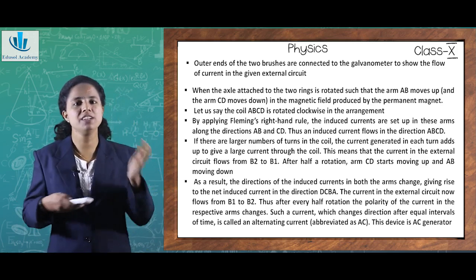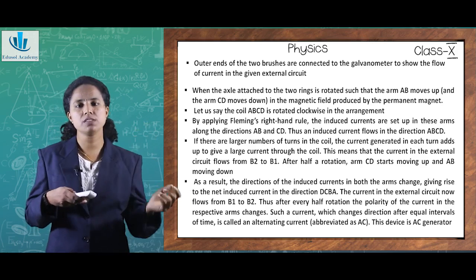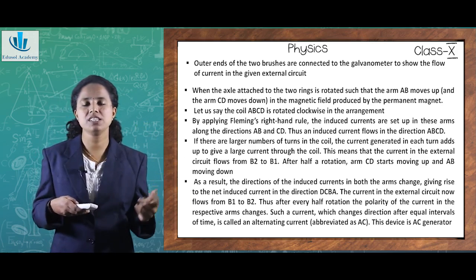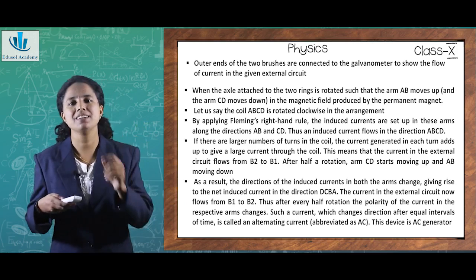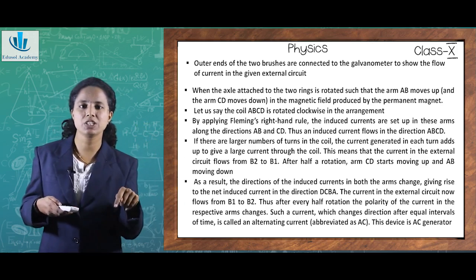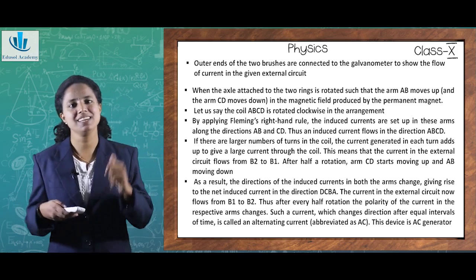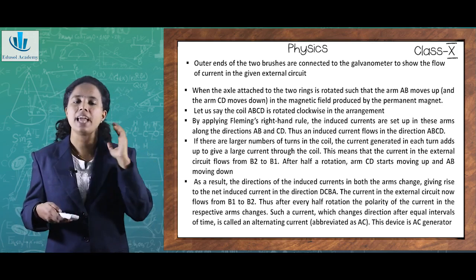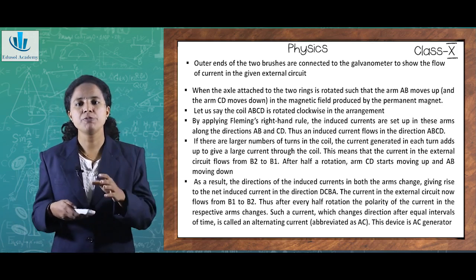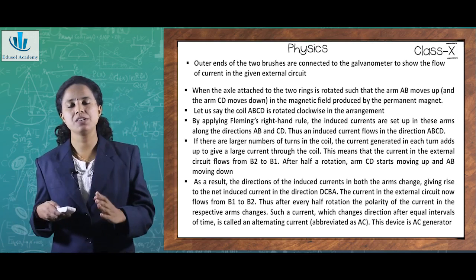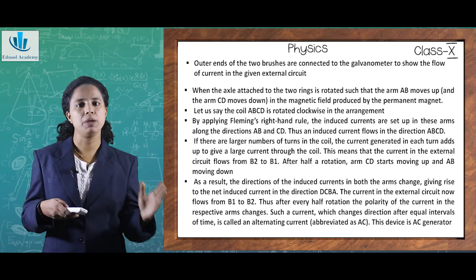So the direction of the induced current in both arms, that is AB and CD, changes, which gives rise to the net induced current in the reverse direction, that is DCBA instead of ABCD. So the current in the external circuit now flows from B1 to B2 instead of B2 to B1.